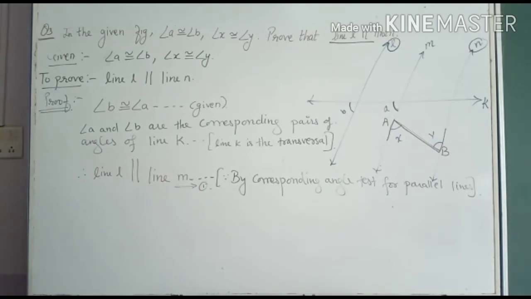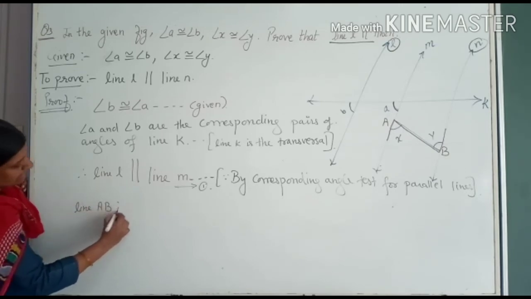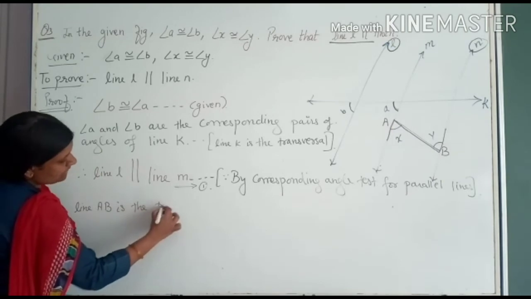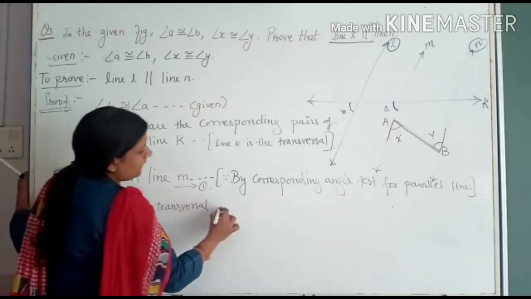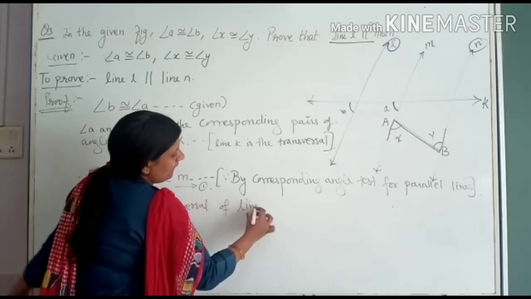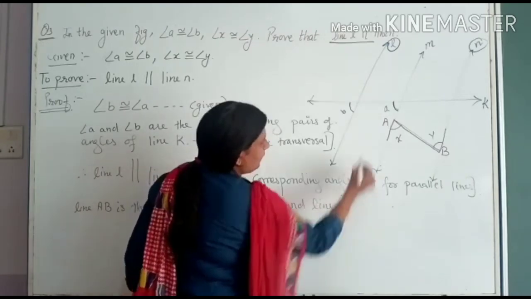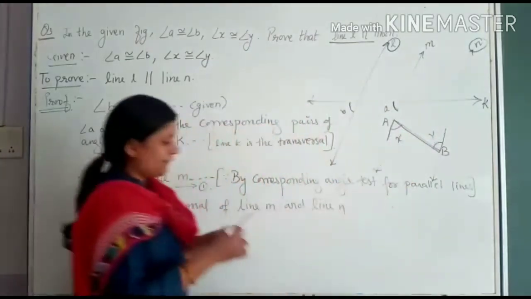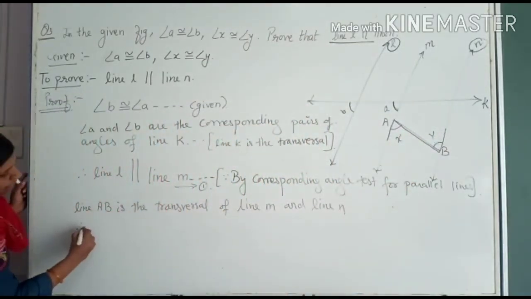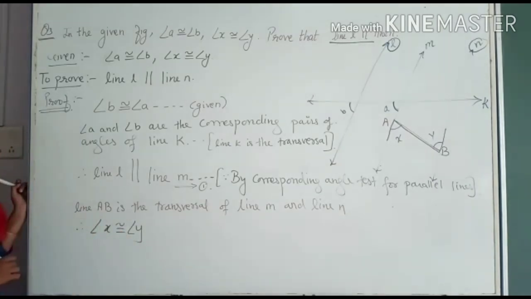Now consider the second one. If we consider line AB as the transversal of line M and line N, then angle X is congruent to angle Y. Why?